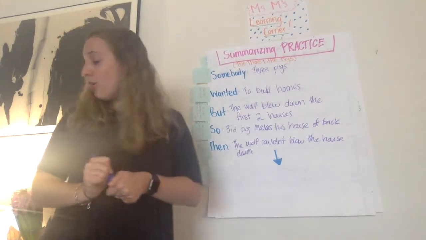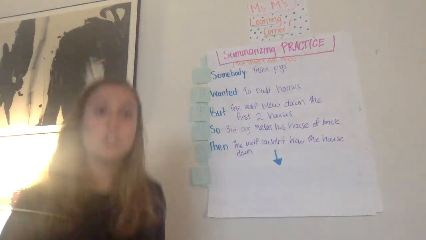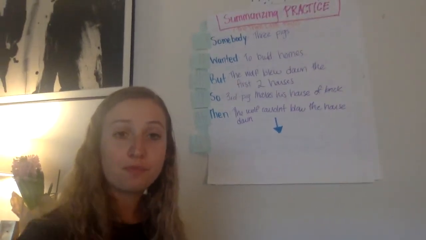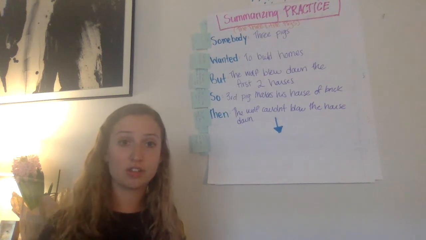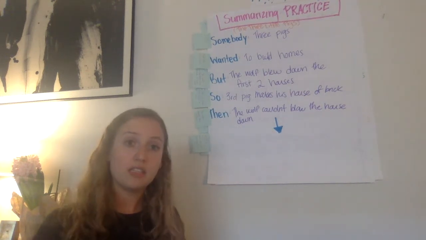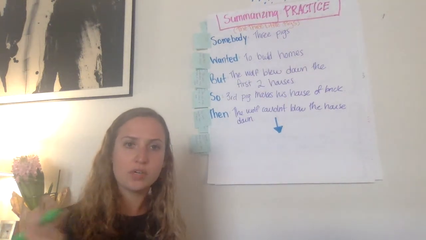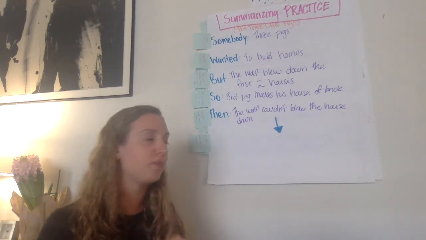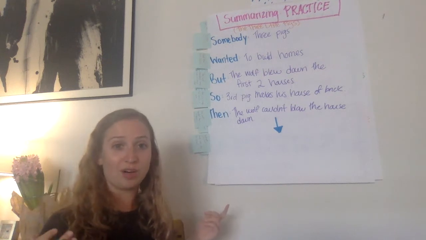All right? So we're going to put this story into paragraph form. It's going to look a little something like this. We're going to use these 5 keywords to construct our paragraph, making sure that we still have that topic sentence, details, and concluding sentence, but we don't want to have too much detail. A summary is supposed to be really quick, really nice and concise, and really super tight, okay? But we're going to start with somebody. That's our pigs.